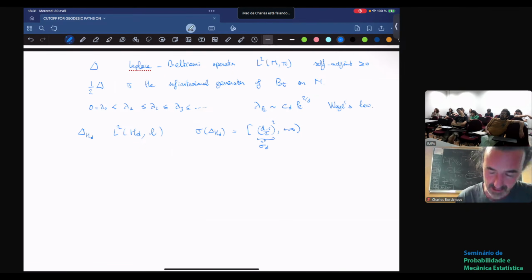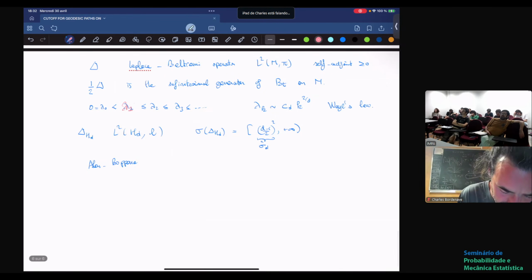And there is something called the Alon-Boppana bound, which says that if you consider a manifold of large volume, its first non-trivial eigenvalue, lambda 1, which depends on the manifold, cannot be arbitrarily large.